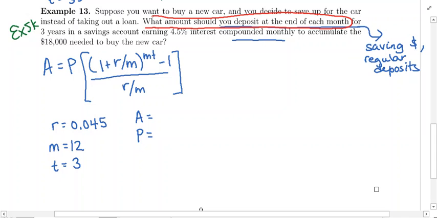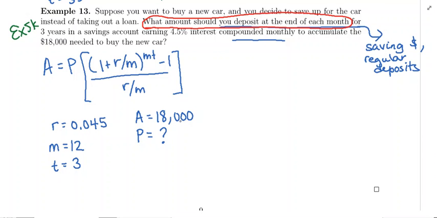So you're trying to figure out how much your regular deposit is each month so that you can come back in 3 years and have an account balance of $18,000. So the account balance A is going to be $18,000. You're looking for the P value, or the amount of each monthly deposit, in order to save for the car in this manner.